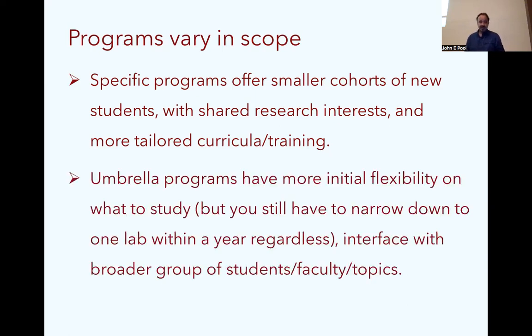Whereas with an umbrella program, there's more initial flexibility on what to study. I think that especially appeals to students who have not quite pinned down their research interest to the degree that I have recommended. But the caveat here is that you still have to end up in a lab within your first year. I think in some ways this might be offering a little bit of false assurance as far as whether you need to figure out what you're going to do.